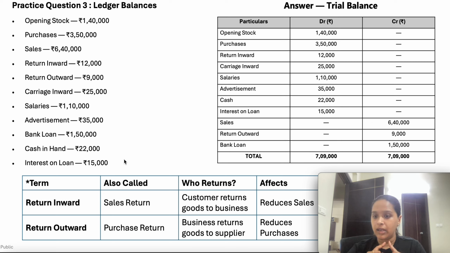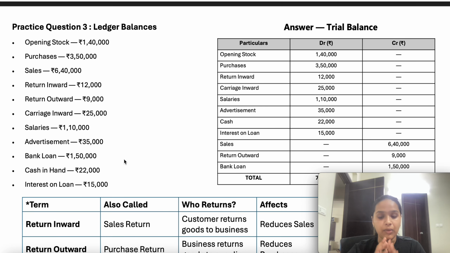A decrease in asset or decrease in expense should be credited. So all the accounts will follow the same rules. You just have to remember these three to four rules, and then you are able to prepare the entire financial statement. Okay, I'll request you to practice more and more examples of the trial balance. It will help you to further enhance your understanding.